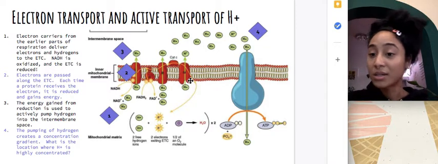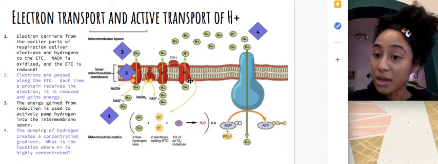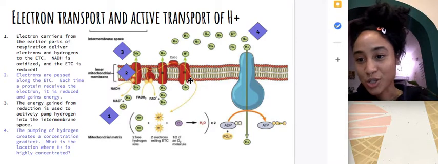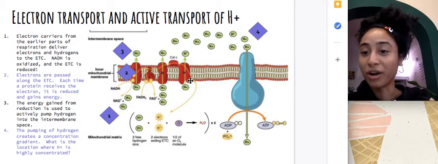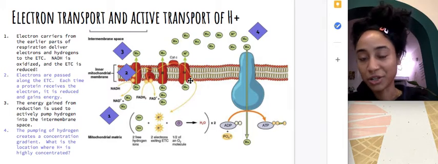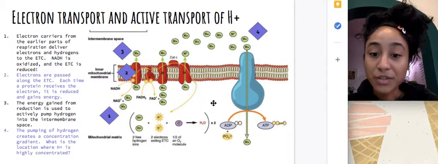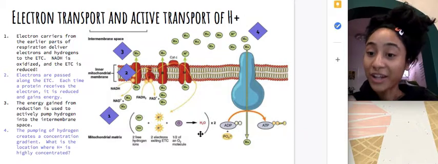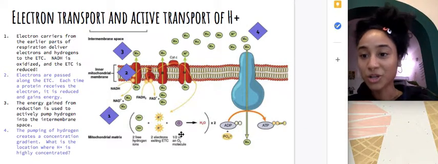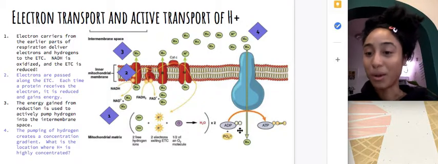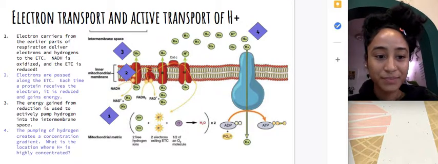So we need to continually be moving these electrons through the ETC so that we can create more space for the newer, charged electrons to come through. And so the final acceptor of electrons is oxygen, and when oxygen accepts these electrons and hydrogen, it's going to become water.